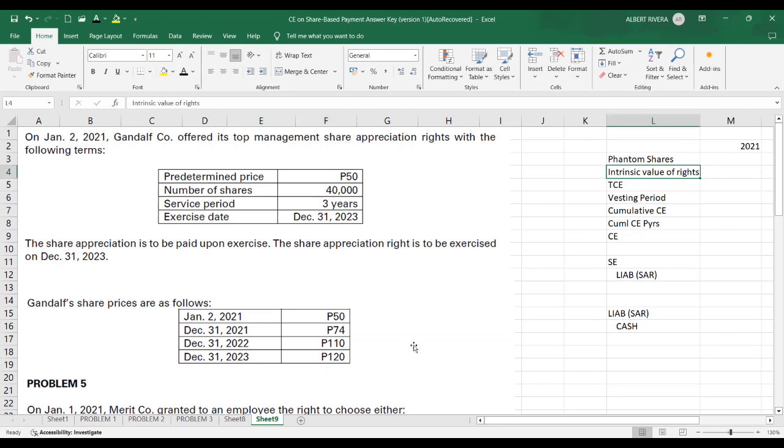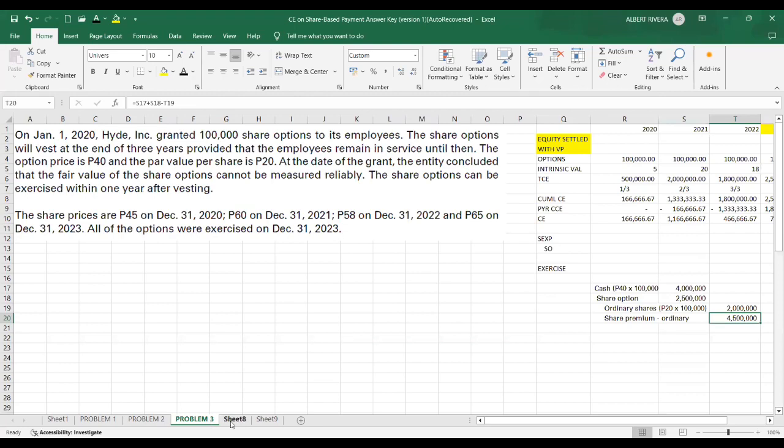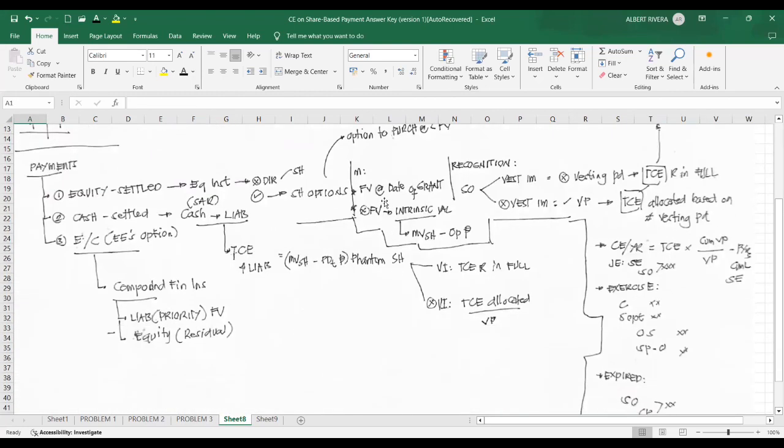Remember that the intrinsic value method under the share options is used whenever the fair value at the date of grant is not given. Okay, so that is the market value of the shares minus the option price. Ito din, the market value of the share minus the predetermined price is also called the intrinsic value.